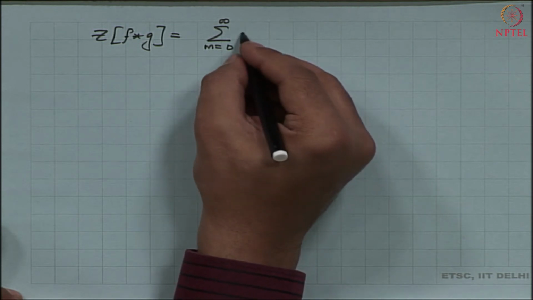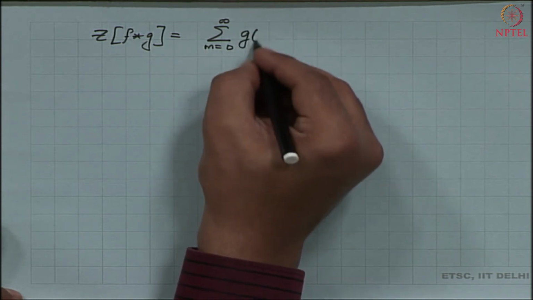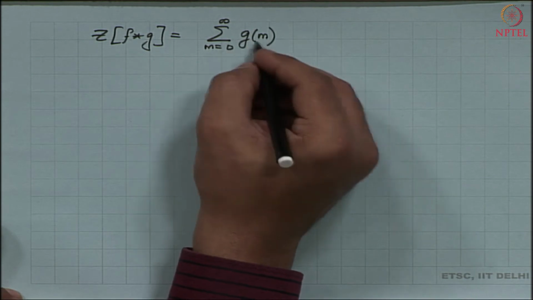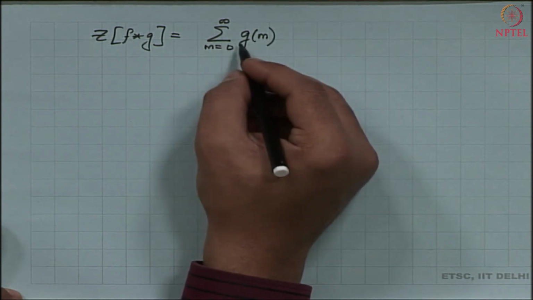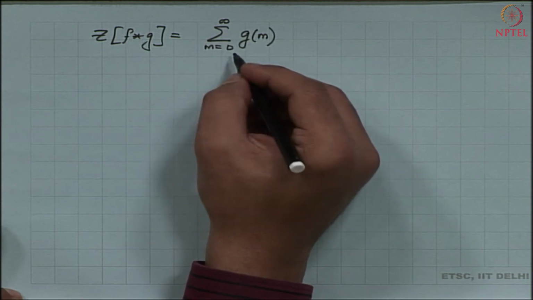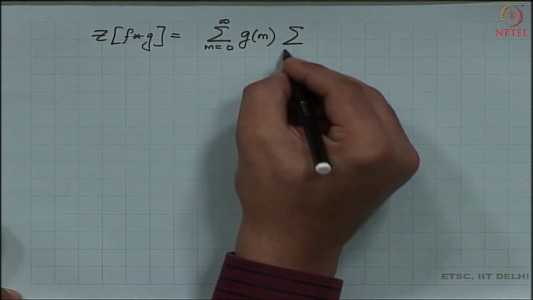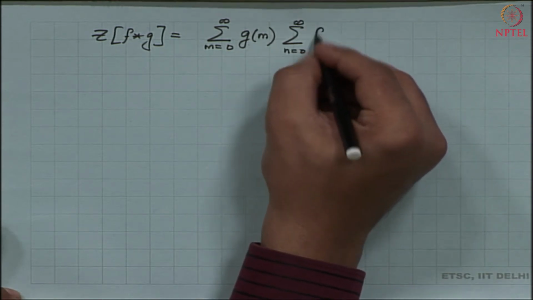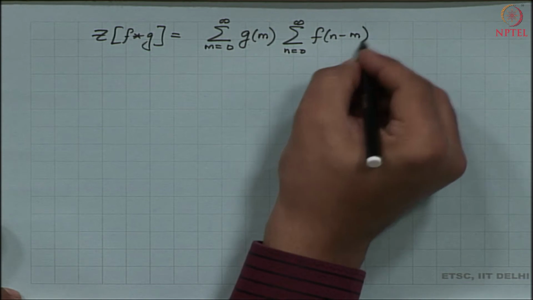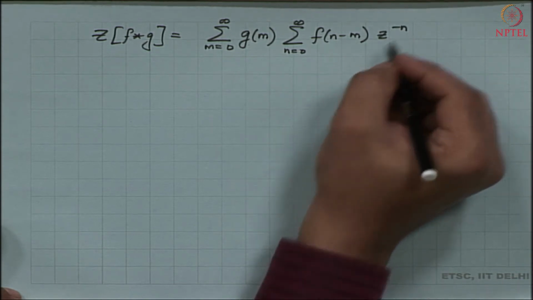Let me take the functions of m completely out of the n summation, so rewriting now, this is the summation over m times the summation over n from 0 to infinity of f of n minus m times z to the power minus n.